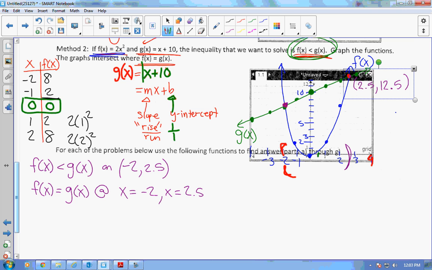Or you could say the points at -2 comma, what was it, 8 and 2.5 comma 12.5. You can say it either way, but you can't just say -2. It either needs to be in the point, or you need to say x equals -2.